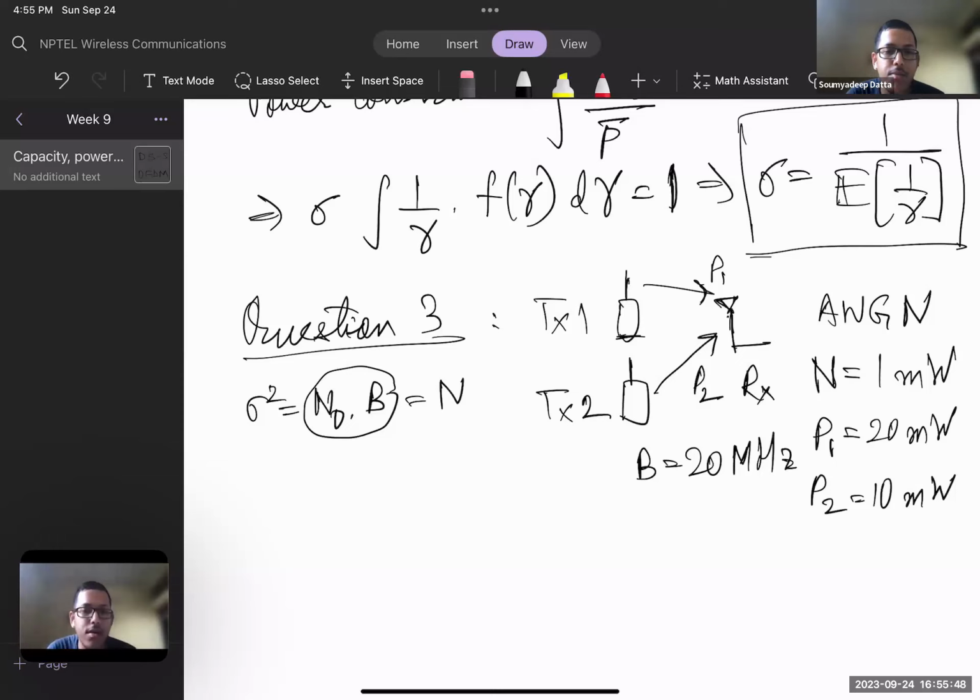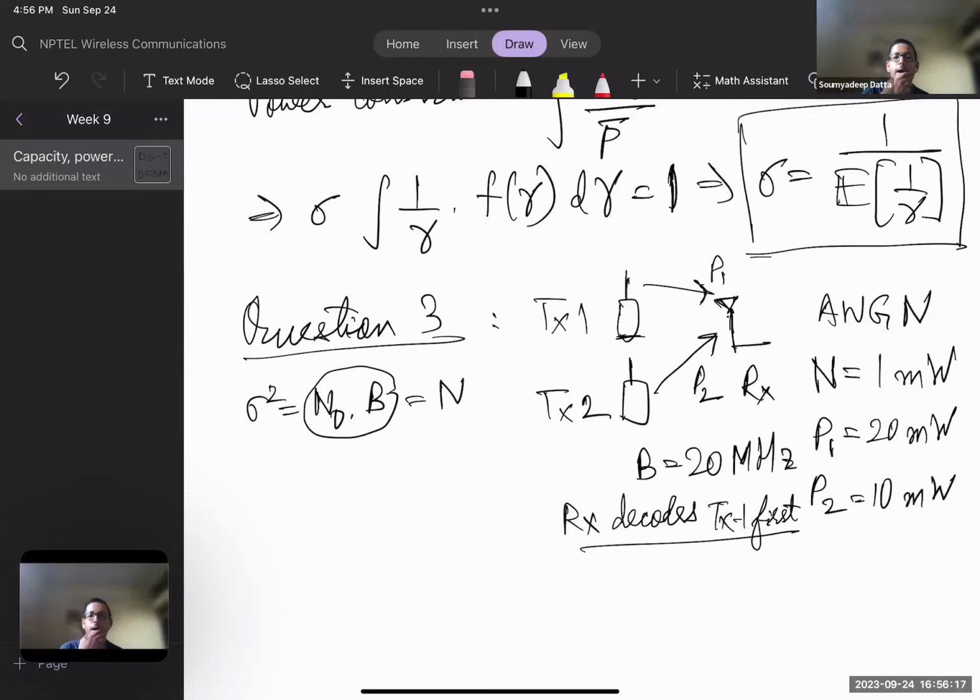And you are told that the receiver decodes TX1 first.